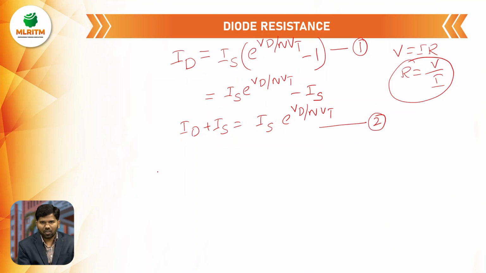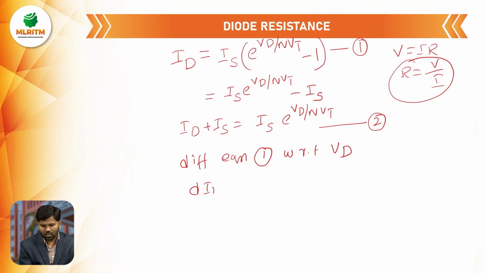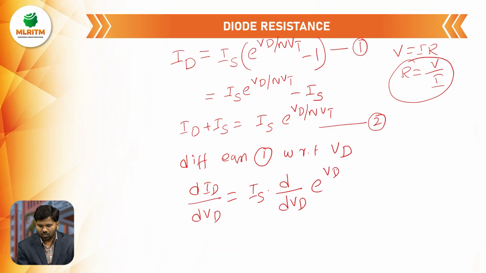Now we need VD, so differentiate equation 1 with respect to VD, right? So what will dID by dVD be equal to? If you observe here, IS, the reverse saturation current, is a constant, so I can take it out, IS into d by dVD of e power VD by eta VT minus 1, right?